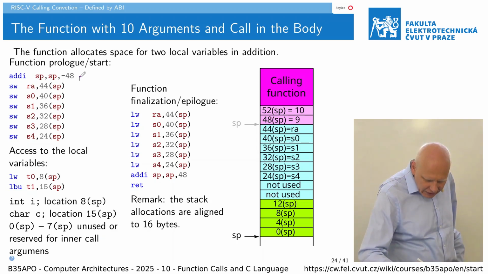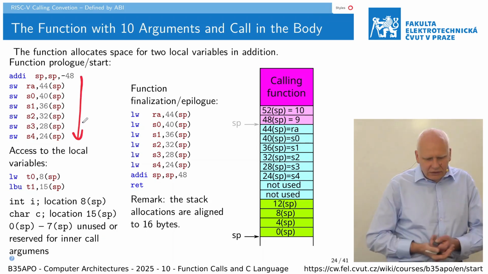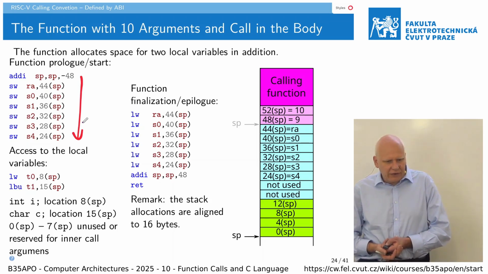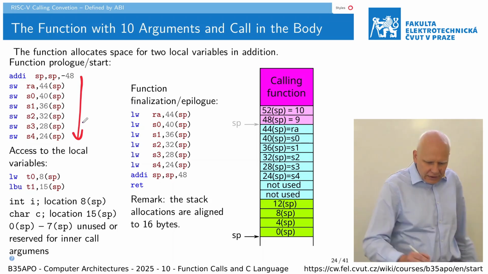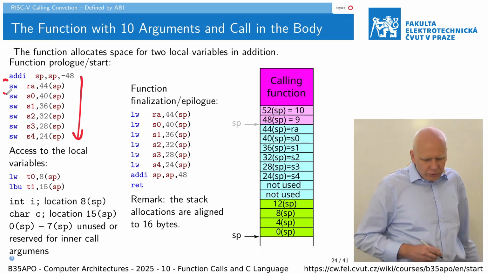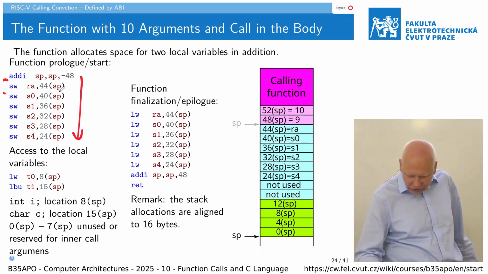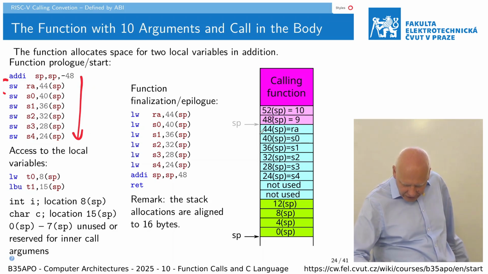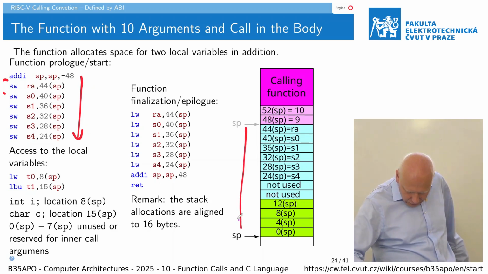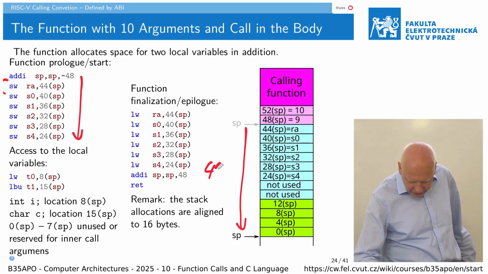Then we create the space on the stack in the function, and then we store the previous return address to that location. So basically, if you see, we subtract 48.